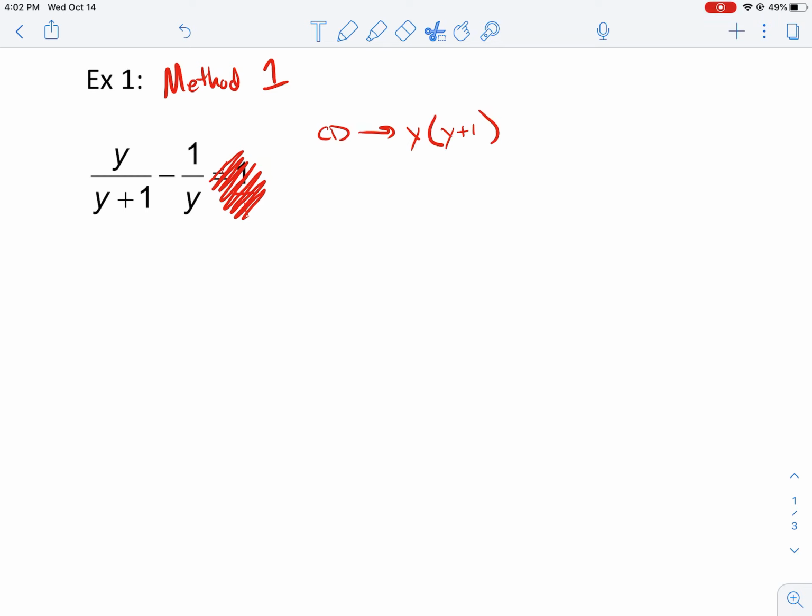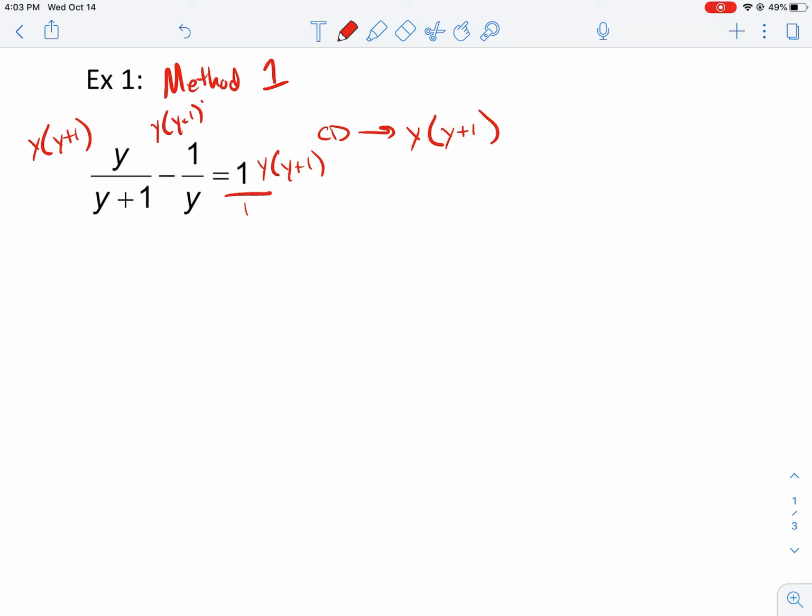All we're going to do, and we're allowed to do this because there is an equal sign here now, this is an equation, is multiply both sides by y times y plus 1. By doing so, I have to multiply all the terms. On the right side, I only got that 1 there, so 1 times anything is just itself.